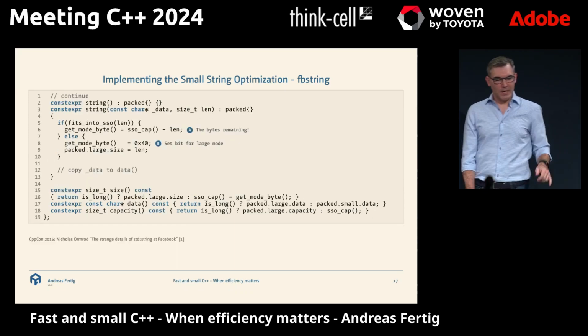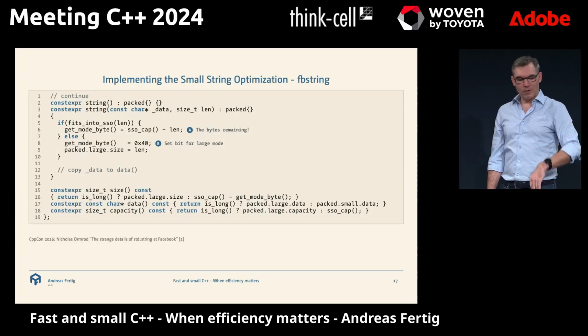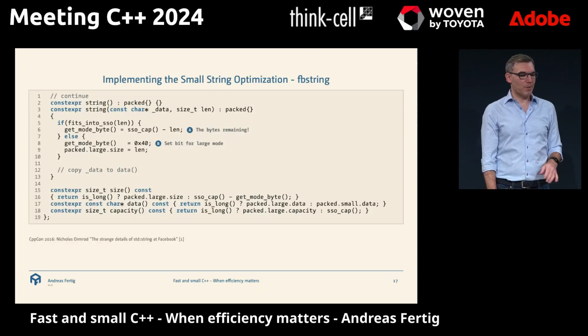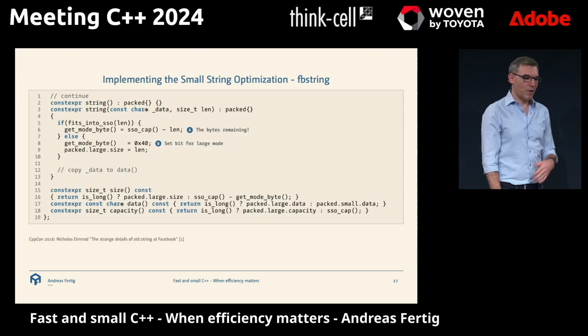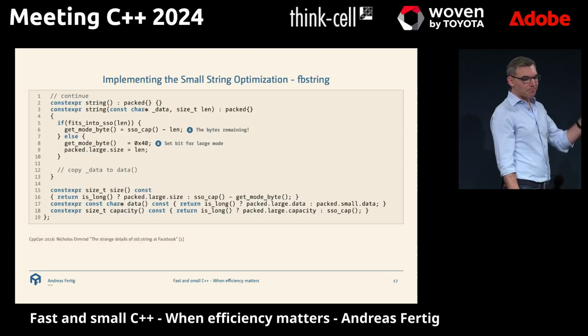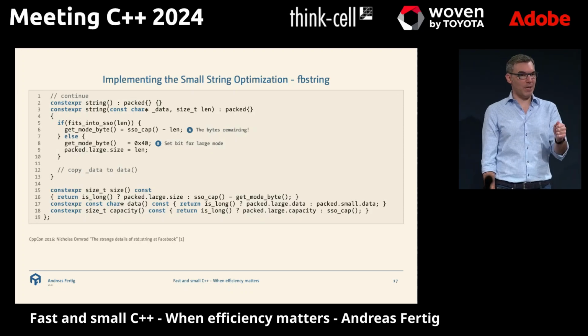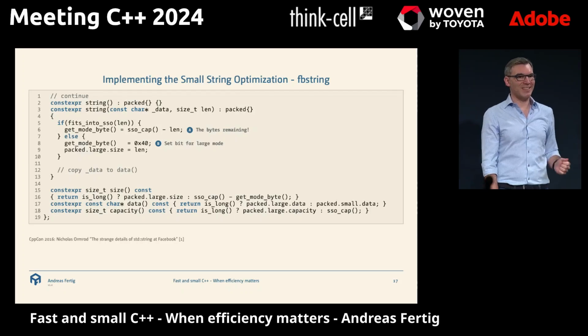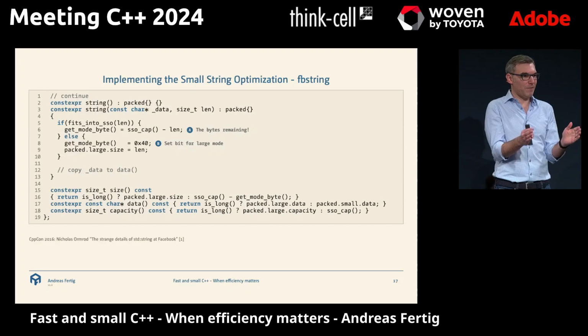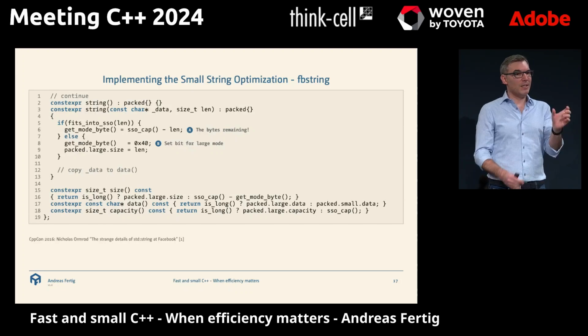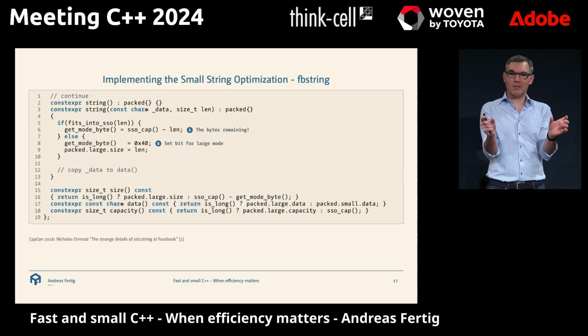So what they're now doing: default constructing a small string optimized std::string, and in the version where we provide a string and the length, they check whether it fits into SSO. If so, they fetch the mode byte. Remember, the most significant byte in this 24-byte array. And instead of storing the actual size of the string, they say we subtract the size of the string from the SSO capacity.